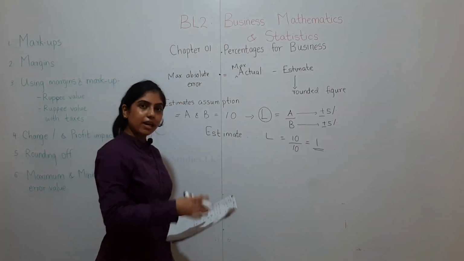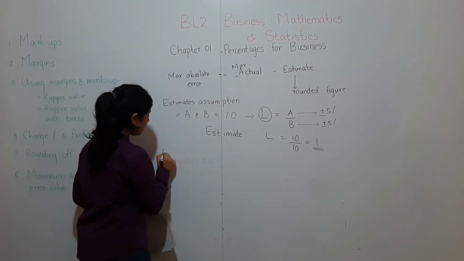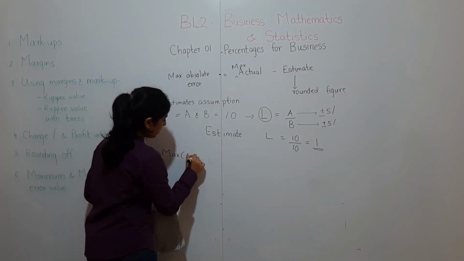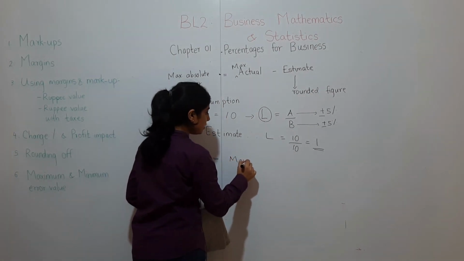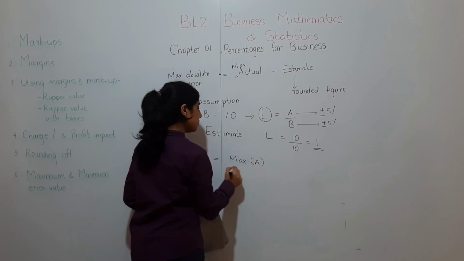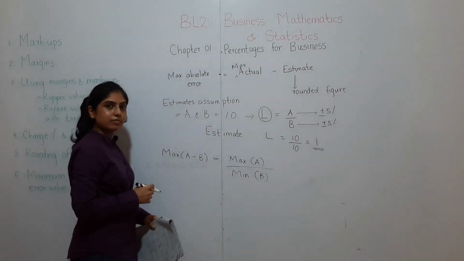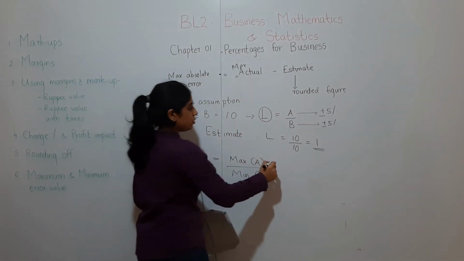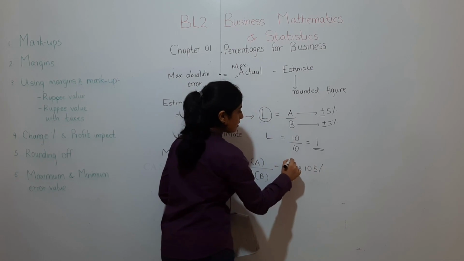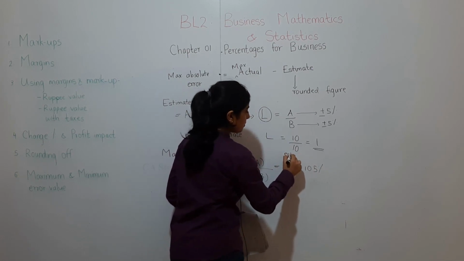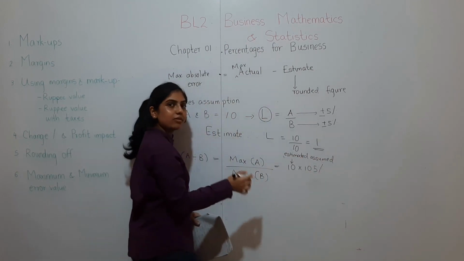If you refer back to your maximum rules, the rule for the maximum of A divided by B is that the numerator must be higher than the denominator, so A is the maximum, divided by the minimum of B. So to get the maximum of L, you must use the maximum of A, 10 into 105%, because 10 is the estimated, assumed figure.